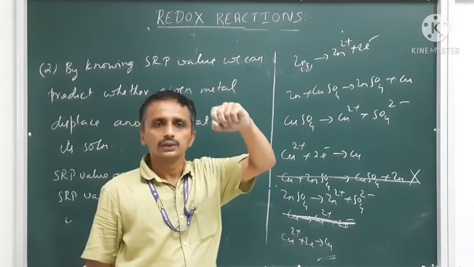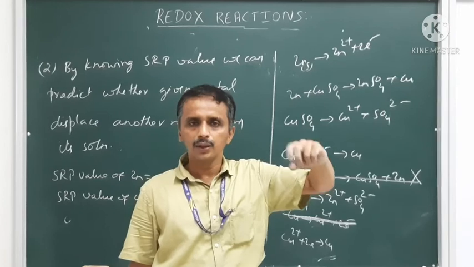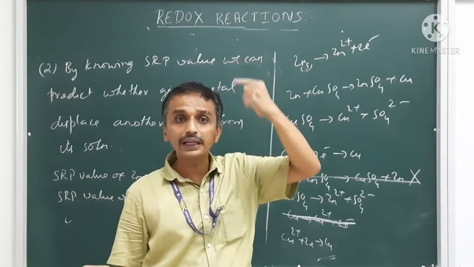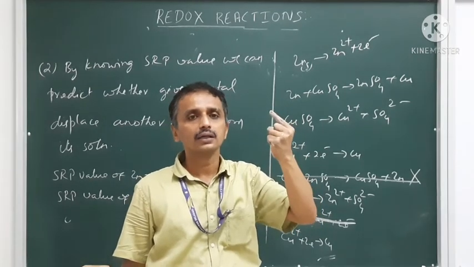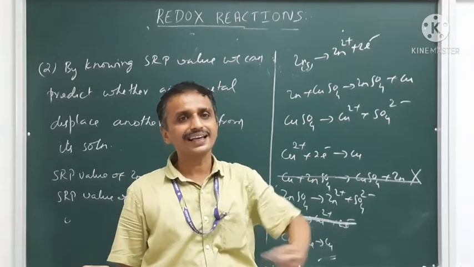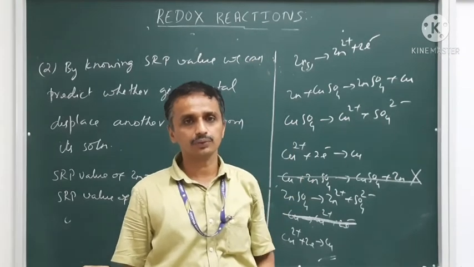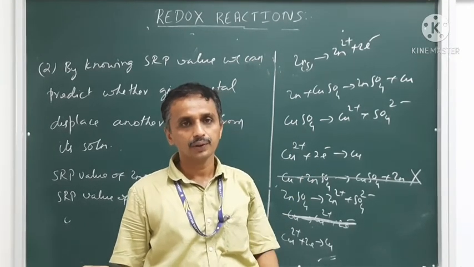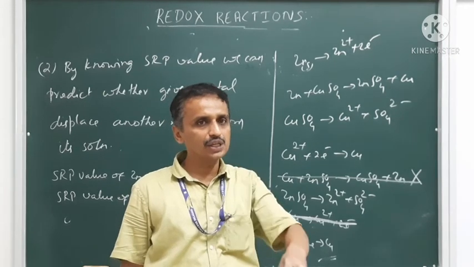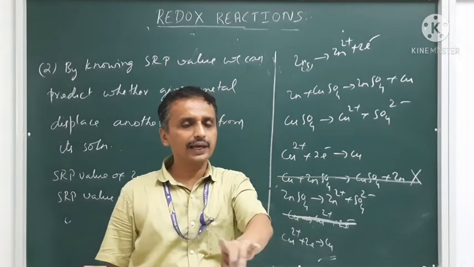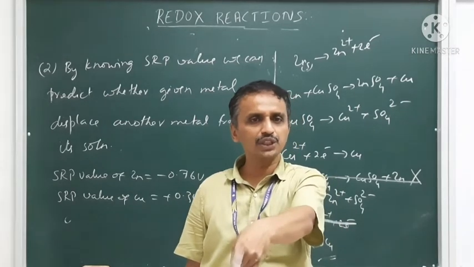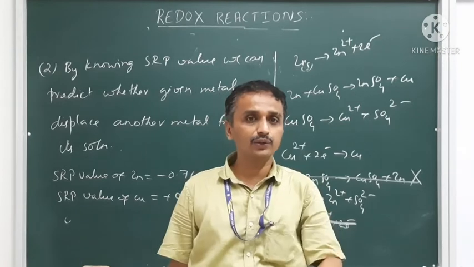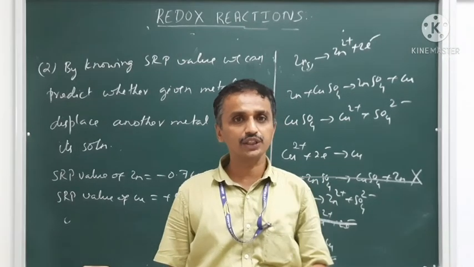So when two metals are present, the lower SRP value metal can displace another metal from its solution. And again, when zinc is treated with magnesium sulfate, don't say zinc sulfate plus magnesium. Magnesium has a still lower SRP value than zinc, minus 2.36.